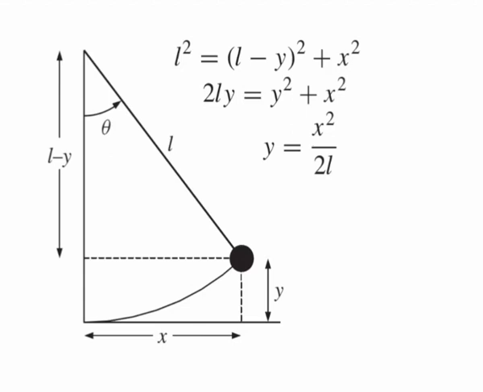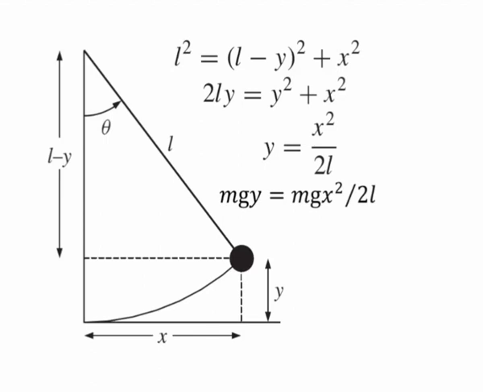As the mass is displaced from its equilibrium position, its vertical height increases and it gains potential energy. This gain in potential energy is equal to mgy is equal to mgx square upon 2L.